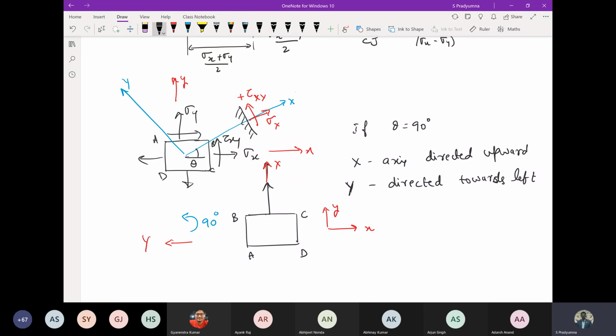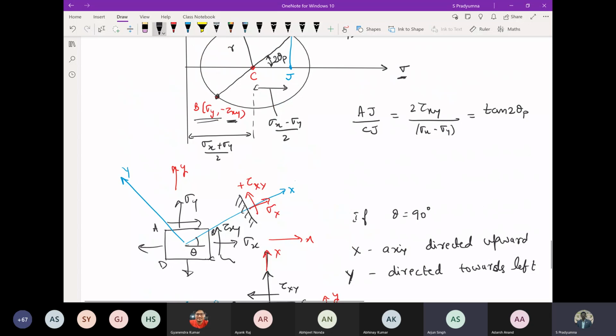Now what will happen to this tau xy? So this is the value of tau capital XY. Correct? So then what is the sign convention now? The tau capital XY points in the negative direction.